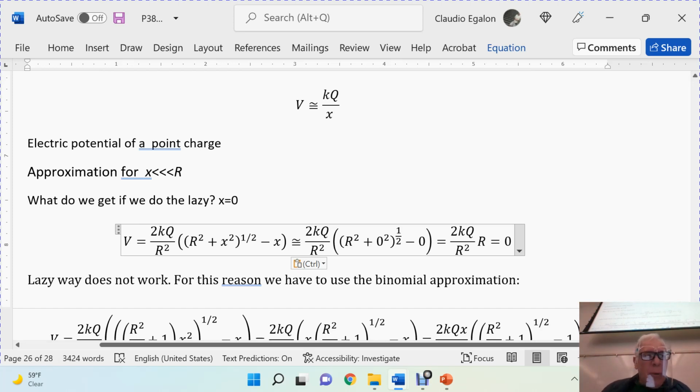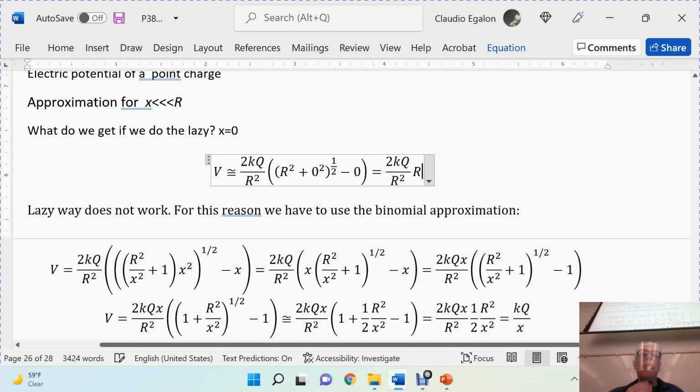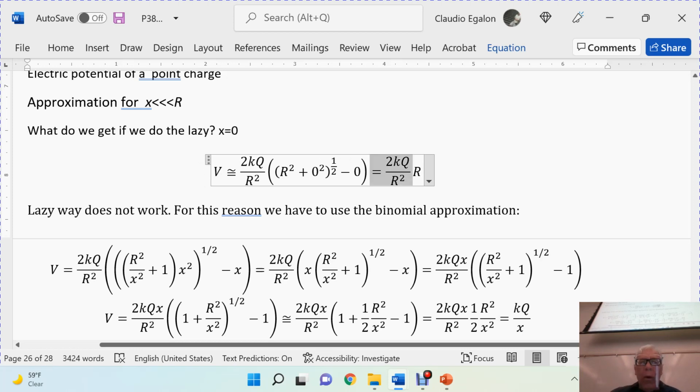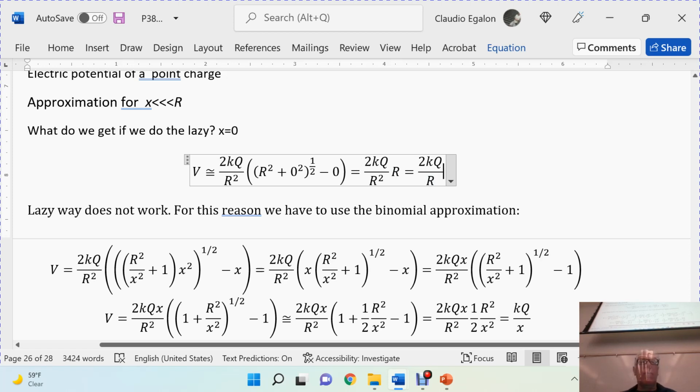The result that you end up getting here is not the electric potential to the right of the plate, but it's exactly the electric potential at the surface of the plate. Okay? So the lazy way doesn't work.